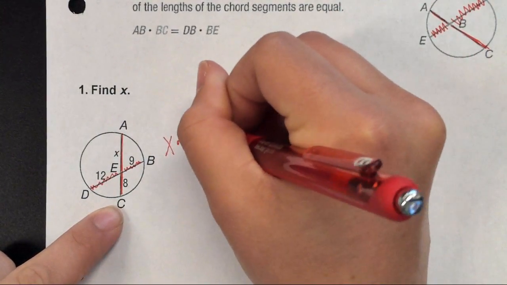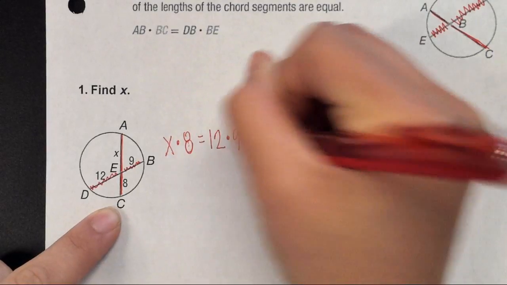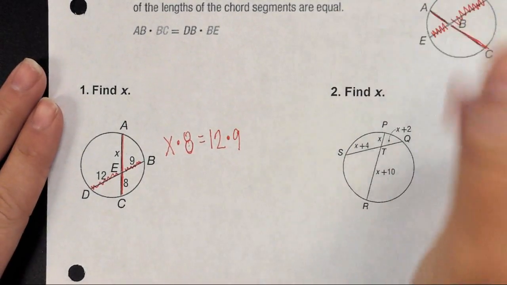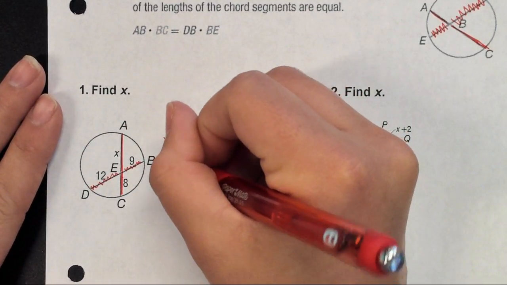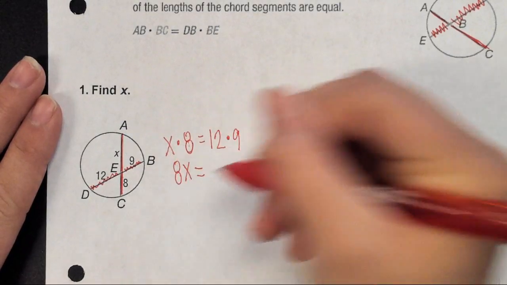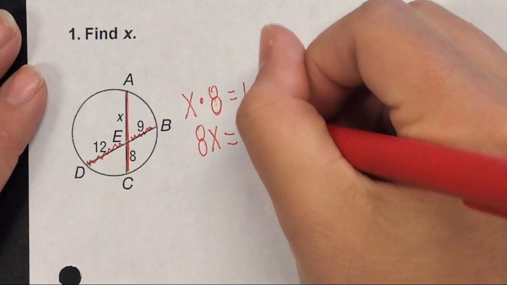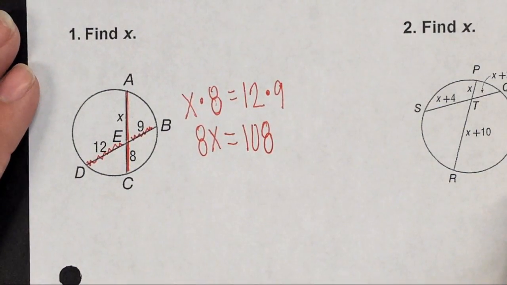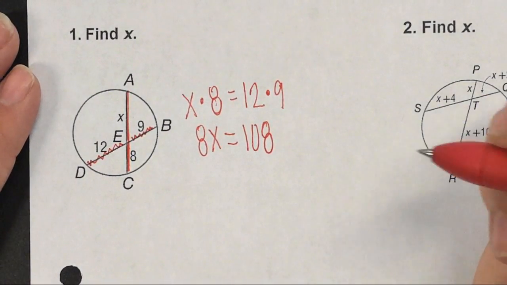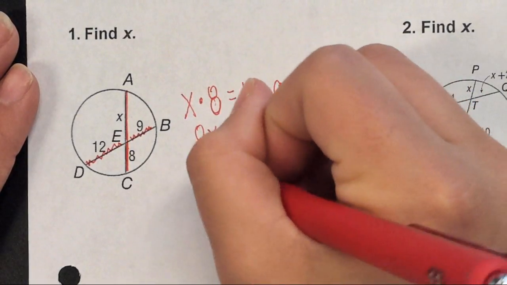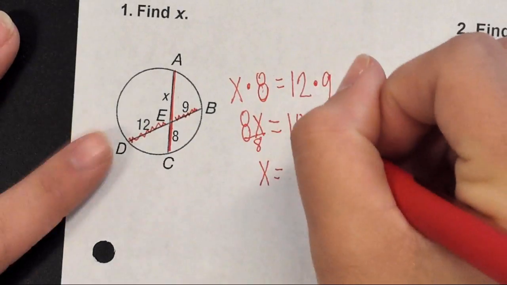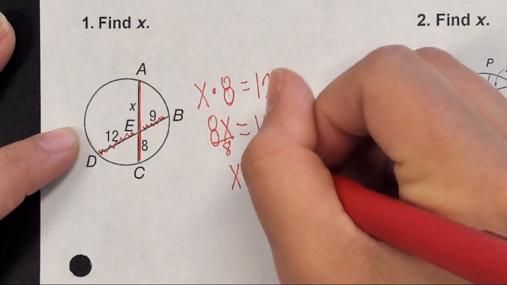Equals 12 times 9. Now don't add these together. They're bound by multiplication. So 8x equals 12 times 9. And then divide by 8. So x is equal to 13 and a half.